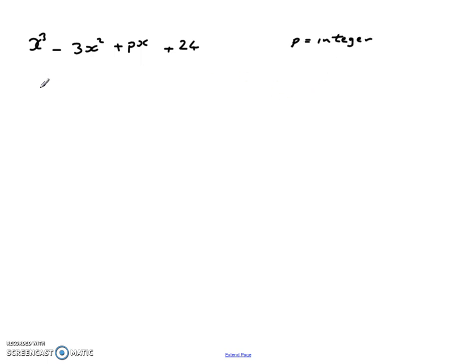Now what I'm going to say to you is that x plus 3 is a factor. And imagine I then want to say find p. Okay, so x plus 3 is a factor of this and I want to find the value p. Well, we can use synthetic division to quickly and easily do it.